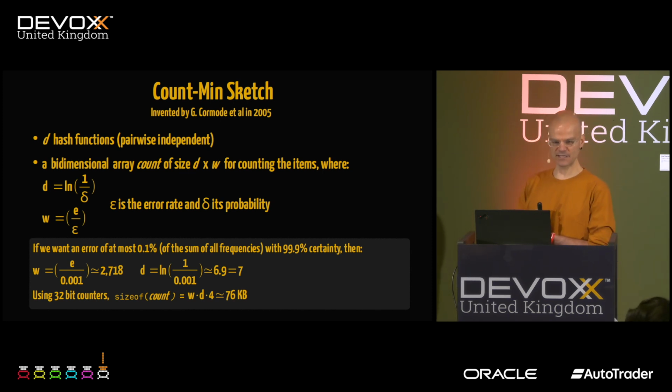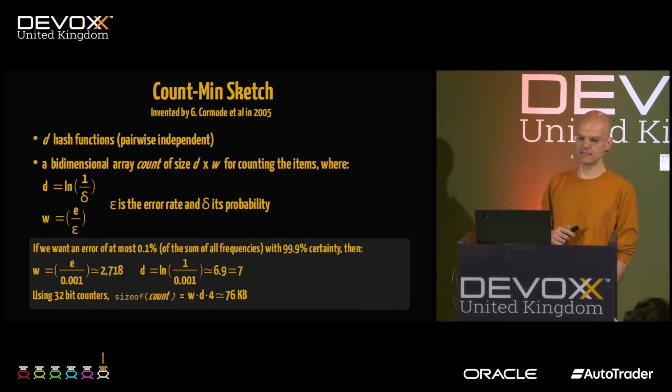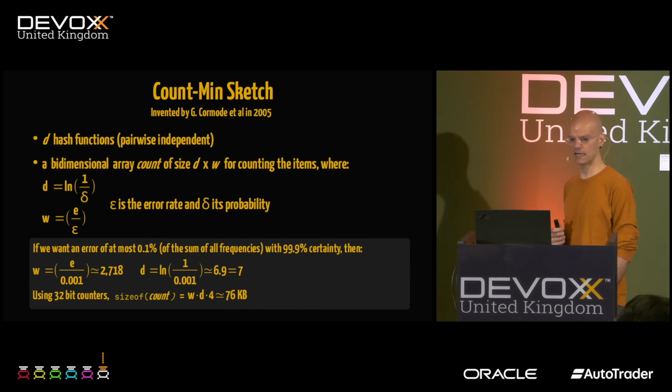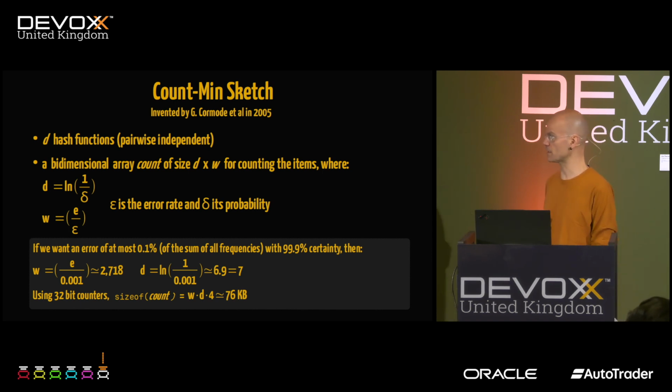The count-min sketch data structure consists of D hash functions and a bidimensional array of size D by W, and we can define D and W, so the size of the array, given the error rate and the probability we want for our frequency data structure.